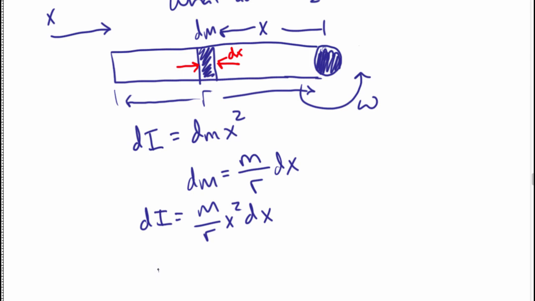In other words, I do want to do the integral. So I2 is equal to the integral of m over r times x squared times dx. And I'm integrating from the axis of rotation where x is 0 all the way to the other end of the mass, to r.